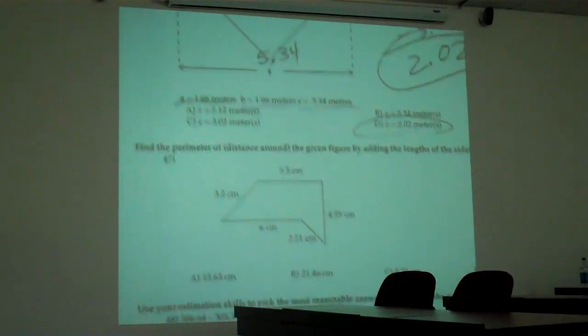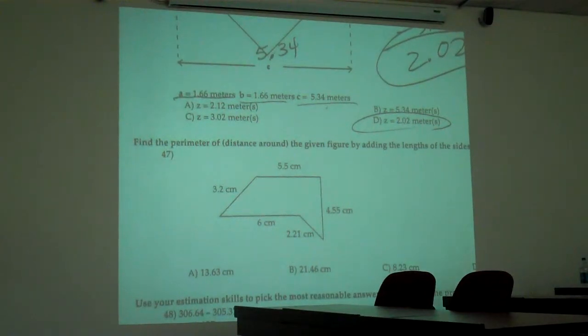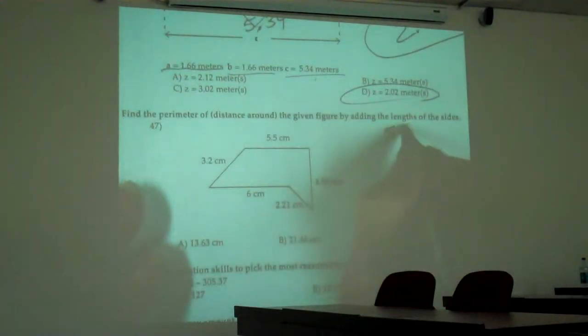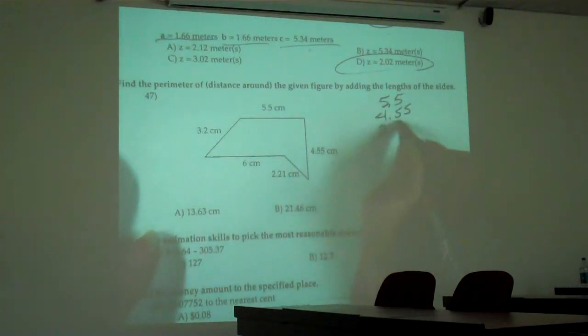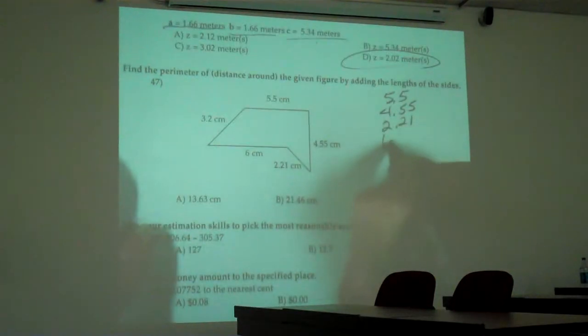47, perimeter. So you're gonna add all those up, right? Line up your decimal to line them up, to add them up. So you'll have 5.5, 4.55, 2.21, 6, and 3.2.